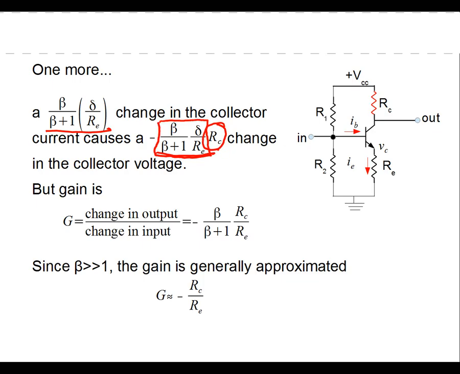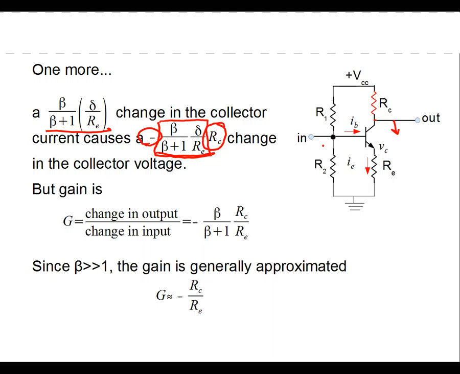This is the resistance of RC. So this is just application of Ohm's law. So that's a change in the potential across RC, and it's negative because if I increase the current through RC, I actually lower the potential on this output, because there's a greater potential drop between the collector and this VCC.